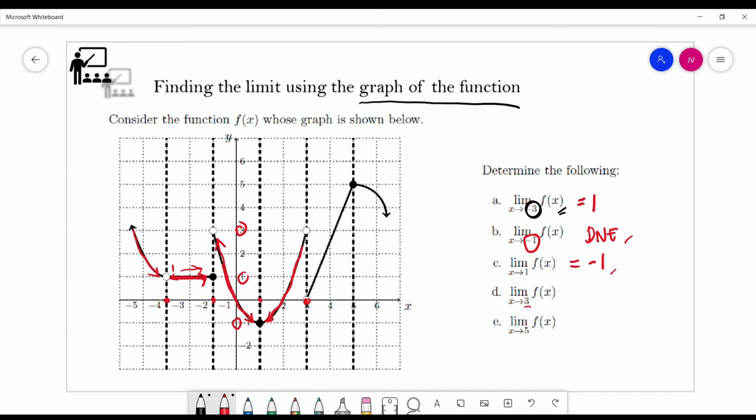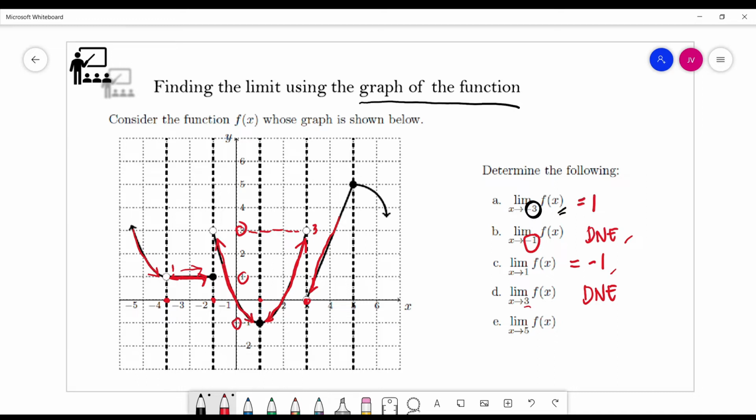From the left, papunta siya dun sa taas, nasa 3. At yung right side naman, dito siya sa 0. So, we have 2 different values, 0 and 3. Ibig sabihin lang nun, kung may magkaiba tayong value of our limits, the limit of our function does not exist.